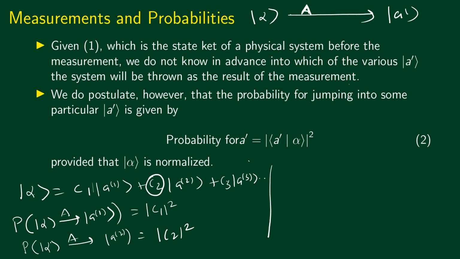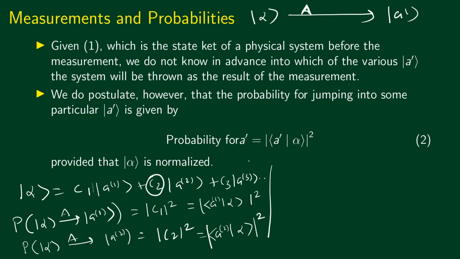Now we know that modulus of C1 square can also be written as follows: C1 is the component of ket alpha in the direction A1, so you have to modulus square this. Similarly, modulus of C2 square: what is C2? It's the component of ket alpha in the direction A2. So modulus C2 square is the modulus square of bra A2 ket alpha.